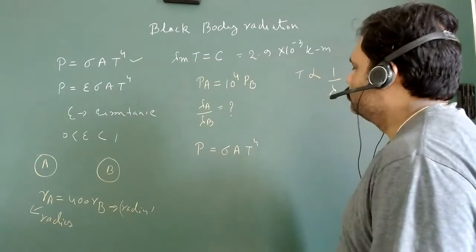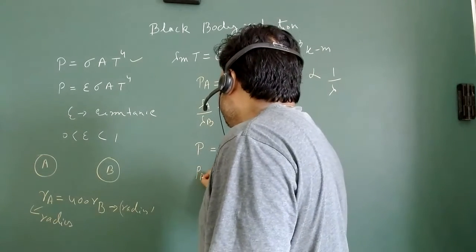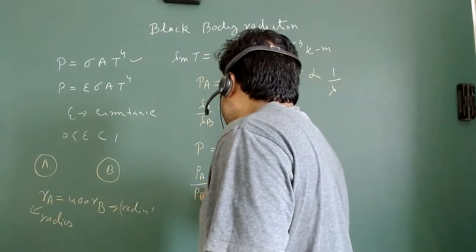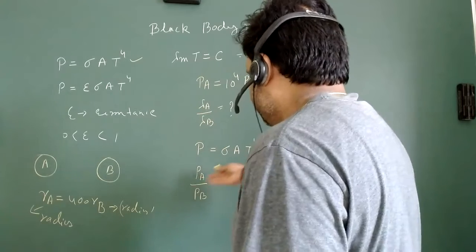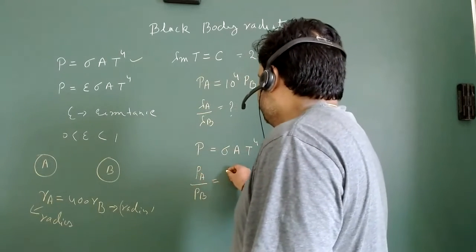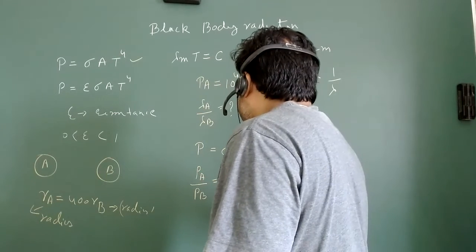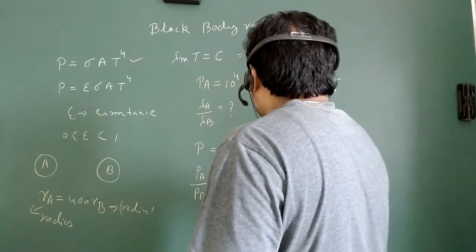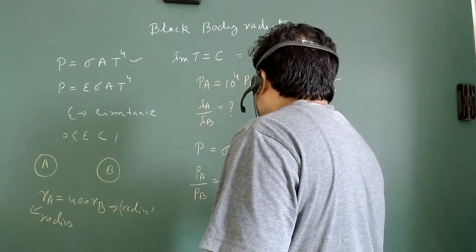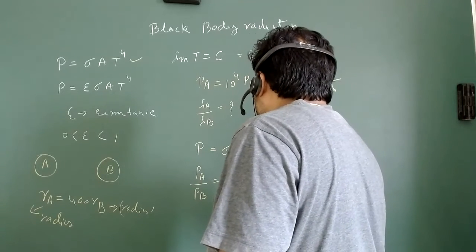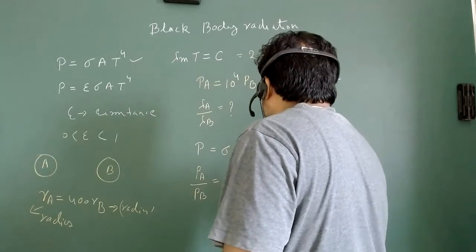So PA upon PB is equal to, sigma will be the same for both black bodies, the area of A by the area of B, and T is proportional to 1 upon lambda, so lambda B upon lambda A to the power 4.